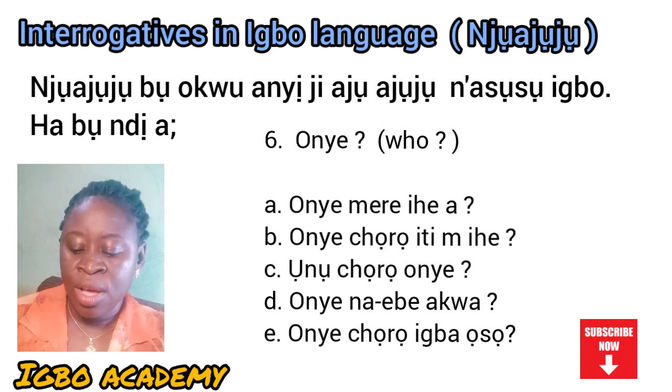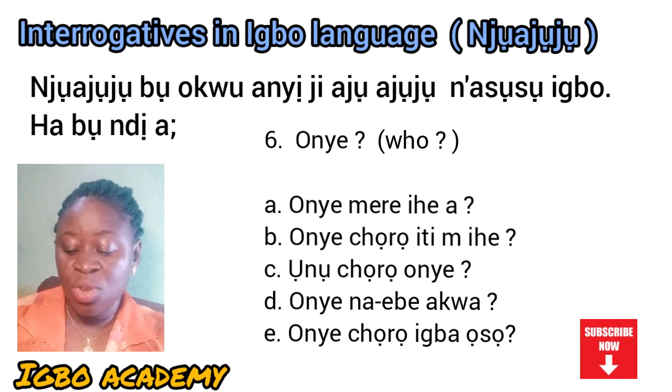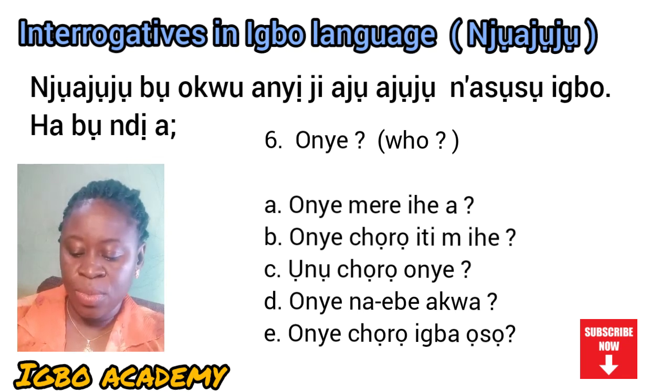So the last but not the least is the 6th interrogative, the 6th Njụajụjụ in Igbo language. It is onye, and onye means who. Let's use onye in sentences.